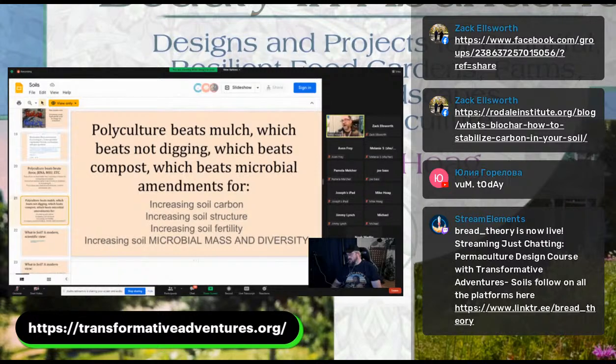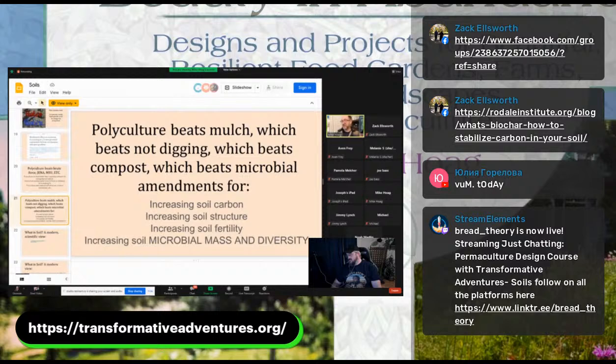So if you're doing polyculture and you are not digging and you are using mulch, you are using 3 super powerful tools in the garden that are more powerful than using compost alone. And compost is better than those fancy microbial sprays that people are selling on the internet now, by the way. Those have been studied and tested along with mulch and compost. Mulch beat the compost and compost beat the fancy microbial sprays.